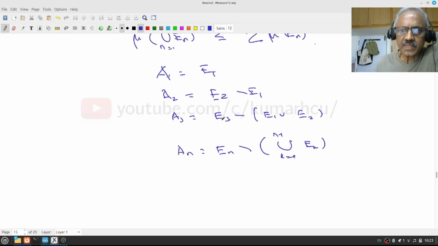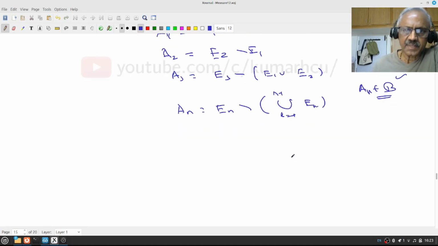Right? Notice that each Ak is measurable. Yeah, that's a logic we had already done earlier. And the next thing is union An is same as union En. This we have proved. Okay, in the Lebesgue measurable sets, set theoretical thing, this we have proved.